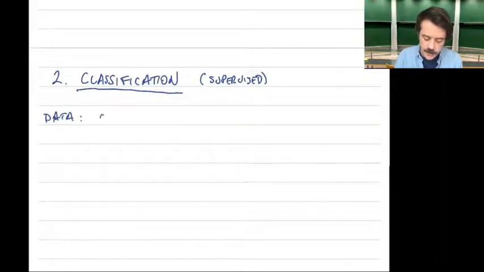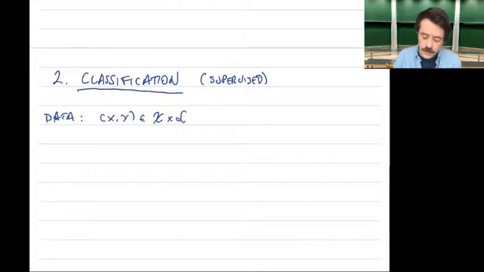Okay, so just to fix notation, the data is given by this pair again, X, Y, and in this case we're going to say that this belongs to this calligraphic X times a calligraphic L now.